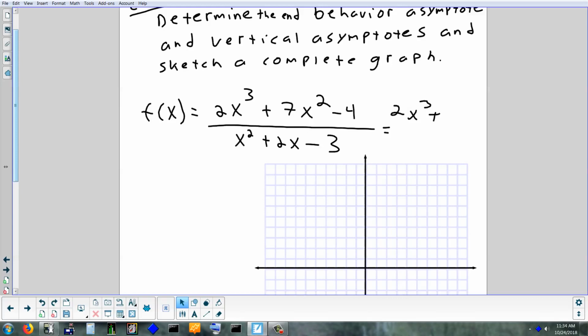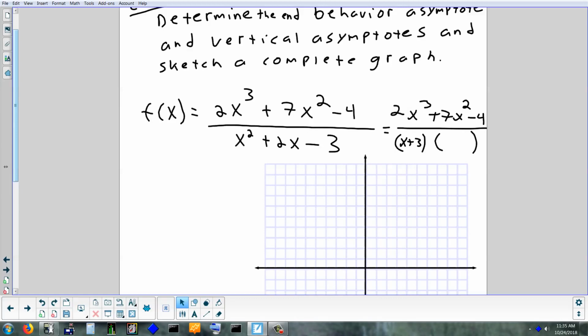So 2x cubed plus 7x squared minus 4. Now the factoring doesn't really help you for anything else. The only reason to factor it is just to get the vertical asymptotes. Okay, and how does that one factor? Blake? X plus 3 and x minus 1.